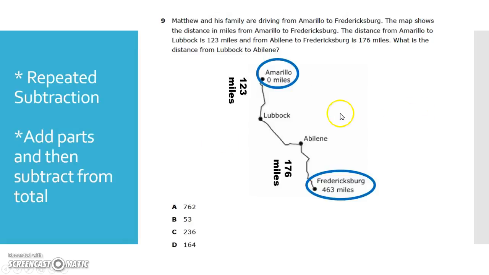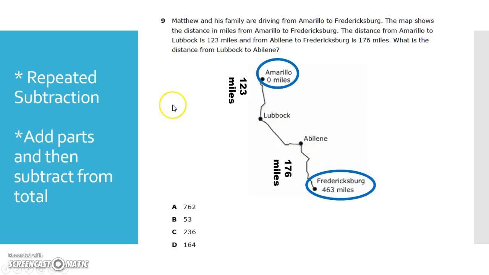When I was looking at this map, I know that from Amarillo to Fredericksburg is a total of 463 miles. I also know the distance from Amarillo to Lubbock and the distance from Amarillo to Fredericksburg, but I do not know the distance from Lubbock to Abilene.